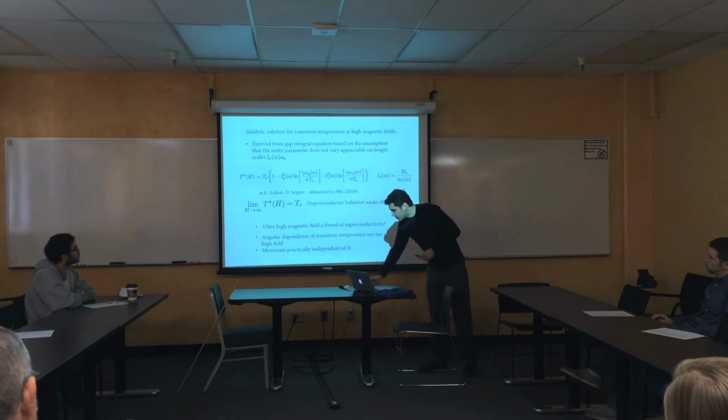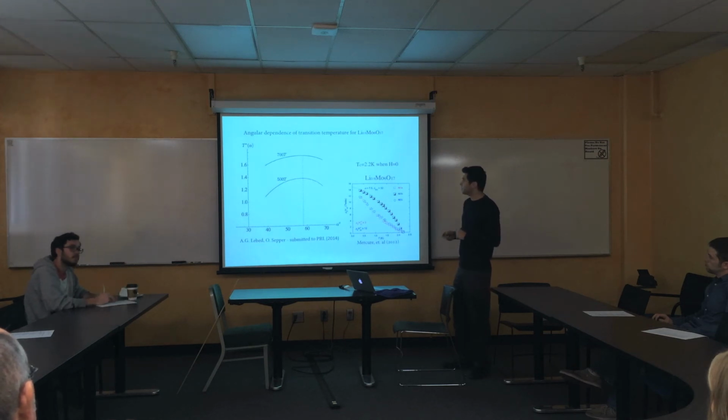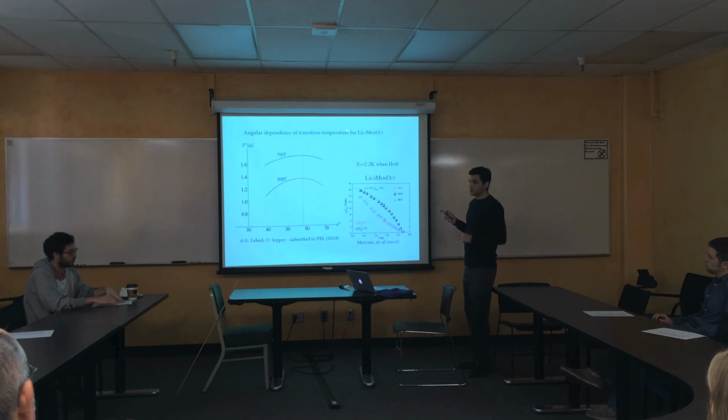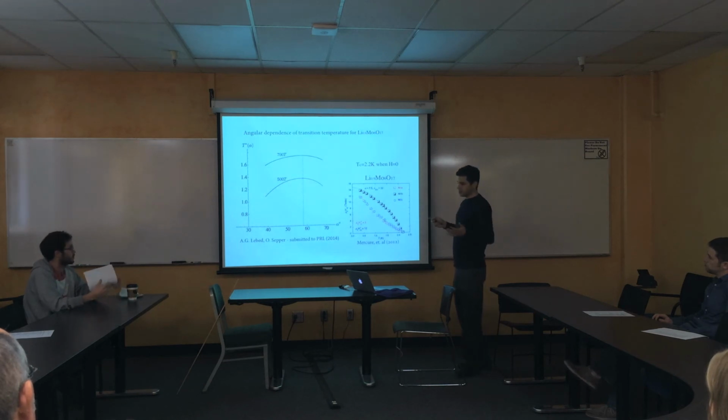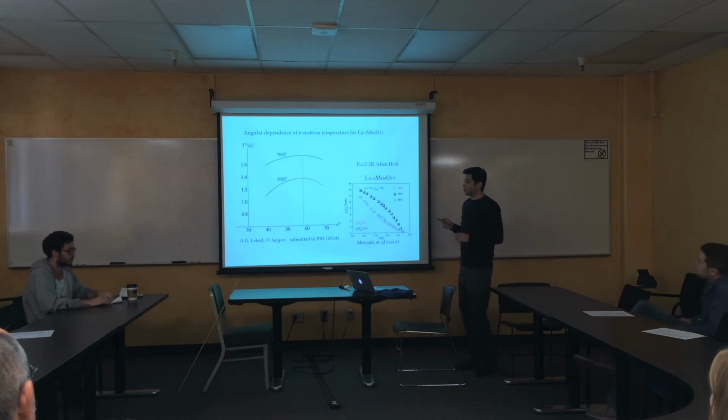Now, what about the geometry? Because the field was at an angle. Remember, it had a component perpendicular to the planes, and also a component perpendicular to the chains. Well, we take the example of a possible triplet superconductor that we studied thoroughly throughout the last few semesters, which is lithium molybdenum oxide.